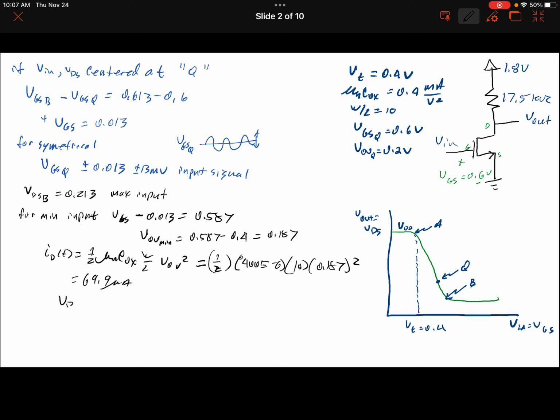Okay, so then VDS, our maximum output, would be VDD minus ID RD, which would be 1.8 minus 69.9e-6 times 17,500. And that gets 0.576 volts.